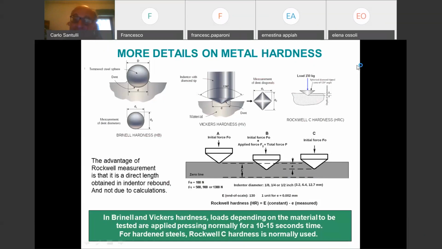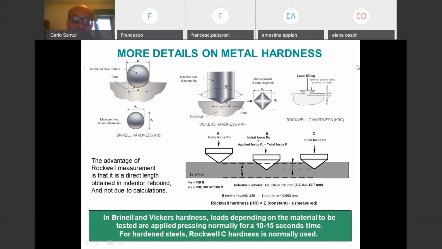The strength is not constant across the section, and the consequence of this is that there are variations between the dimensions of the indentation, and as a consequence, it's difficult to measure.